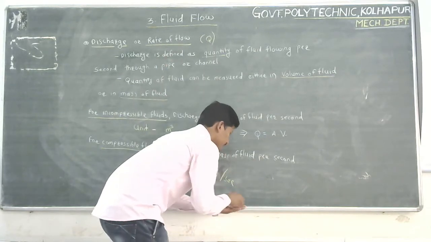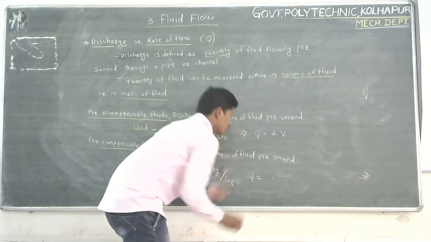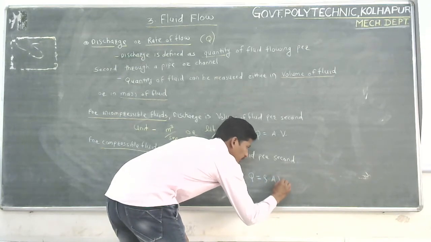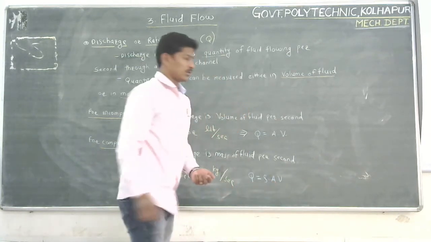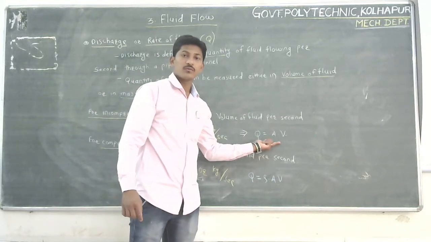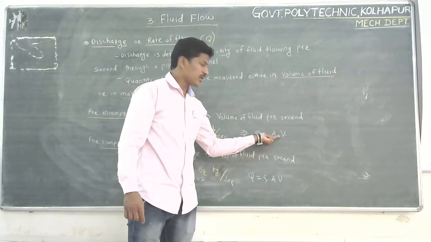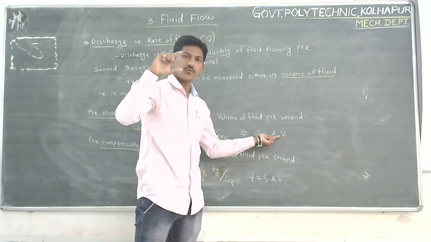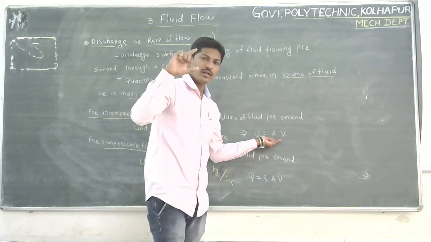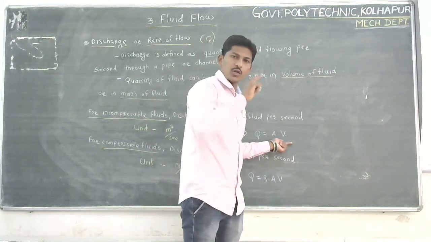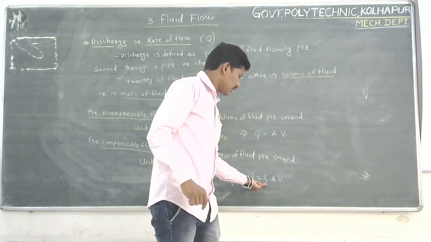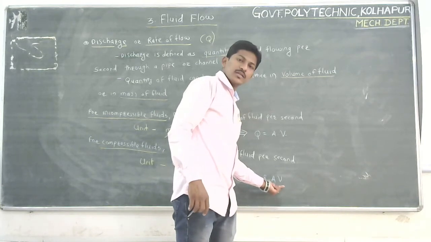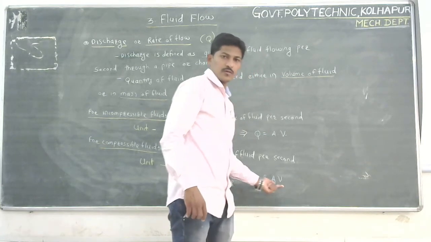And for compressible fluids, as we are considering mass of fluid, density comes into the formula: Q is equal to density into area into velocity. A is the cross-sectional area of the pipe or channel, V is the velocity of flow, and rho is the density of fluid.